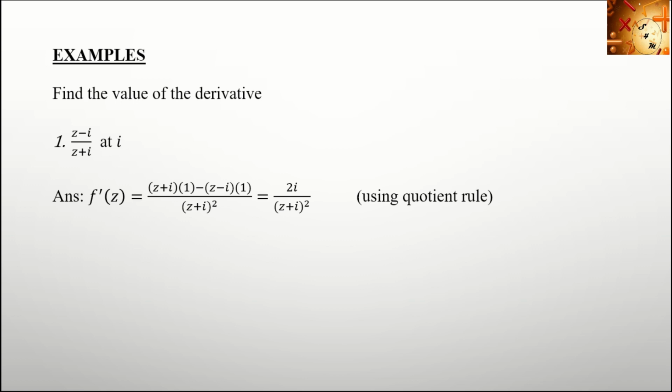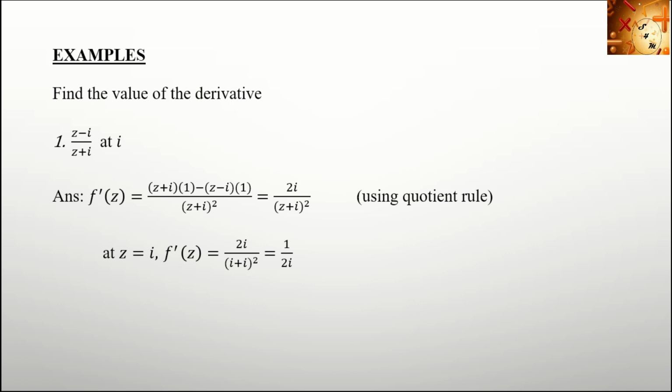So here f dash of z equal to z plus i into 1 minus z minus i into 1 divided by z plus i the whole square, that is equal to, upon simplification, 2i divided by z plus i the whole square. This is the derivative of f. Next, we are finding it at z equal to i.